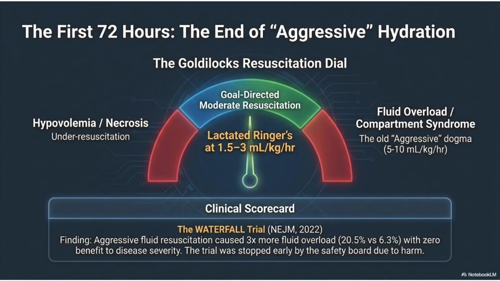Now, that's a little too much, especially if you're considering someone with a weak heart, someone with a weak kidney. They're going to have a lot of fluid retention. Even if they don't have those conditions, they have proven with this trial that 1.5 to 3 cc per kg per hour is more than enough.